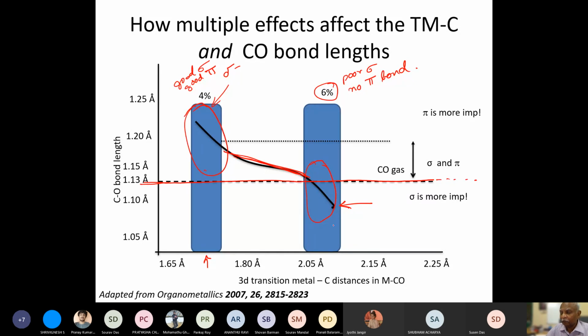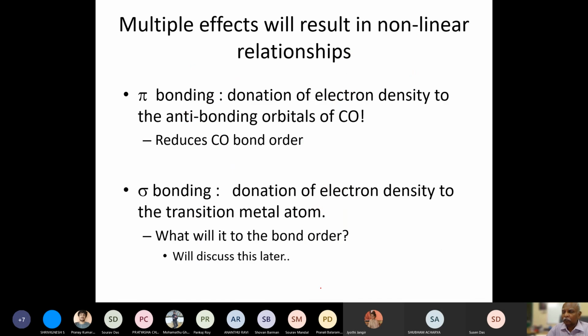Here, I have even a shortening of the CO bond length, what you do not expect. And you also find that there is probably only a sigma bond, no pi bond is present because the metal has moved away from the carbon monoxide. So this is what they observed from the database analysis.